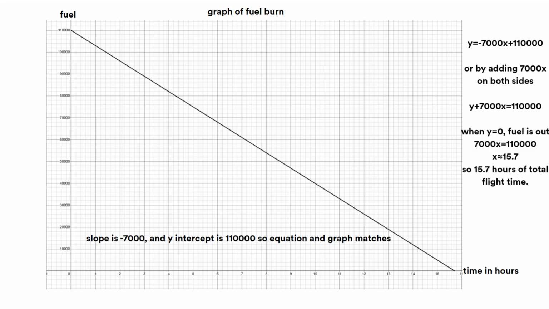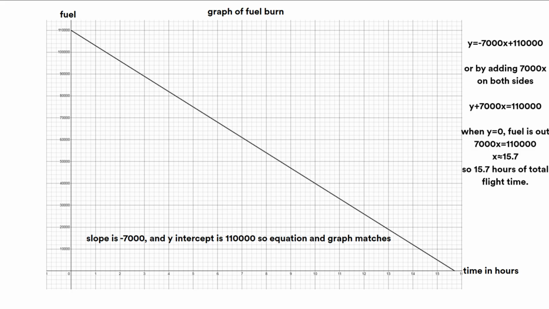When y equals 0, the fuel is out, so we calculate the x-intercept by setting y to 0, and dividing both sides by 7,000, it comes to approximately 15.7. So there's 15.7 hours of total flight time.